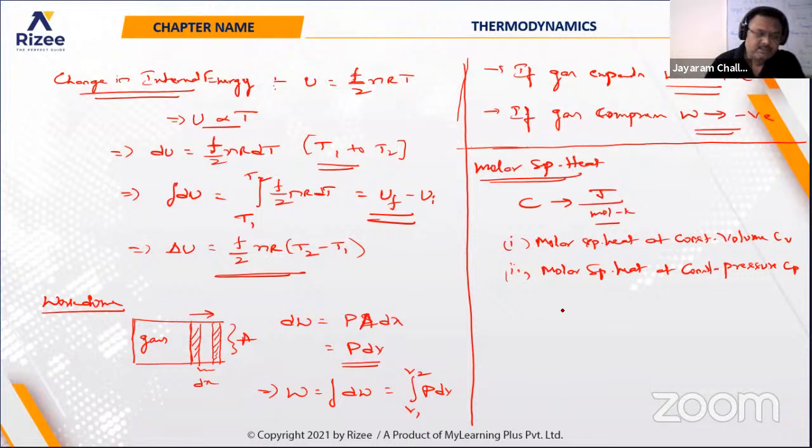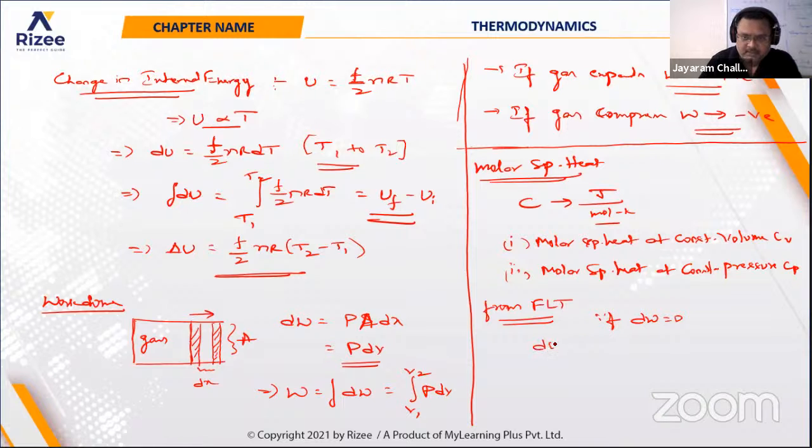So from the first law of thermodynamics, suppose the work done dw is equal to 0, then what will happen?